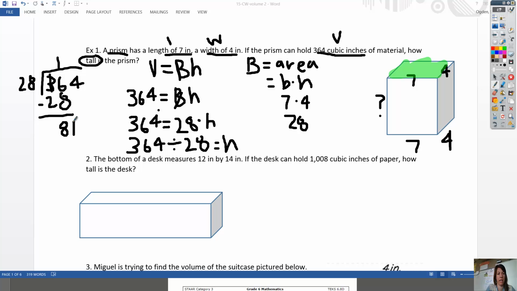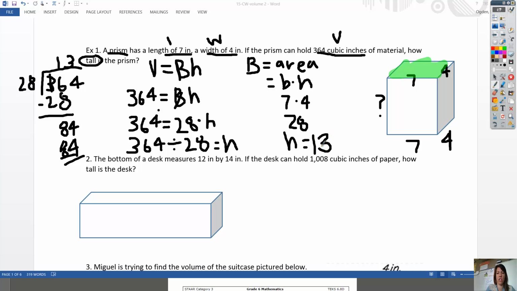Bring down the 4. 28 goes into 84 3 times: 3 times 8 is 24, carry the 2, 3 times 2 is 6, plus 2 is 8. So my height is 13.